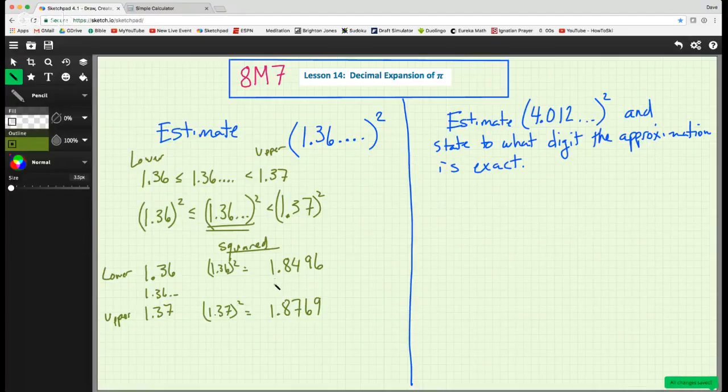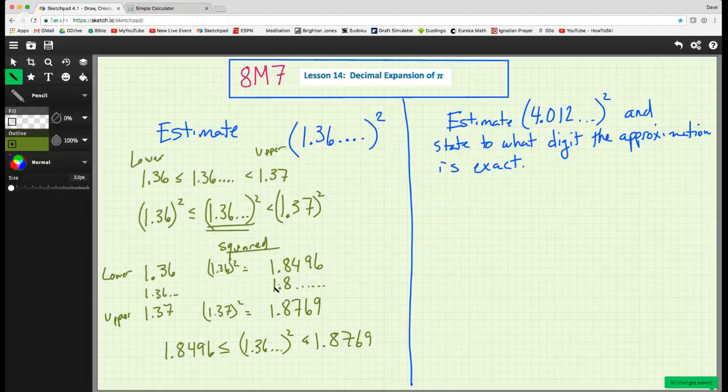So this number has got to be 1.8, because that's exactly between, but it could be 4, 5, 6, or 7. So it's 1.8 dot, dot, dot. That's the best estimate I can perform. I have to write it like this: 1.8496 is less than or equal to 1.36 dot, dot, dot squared, which is less than 1.8769.